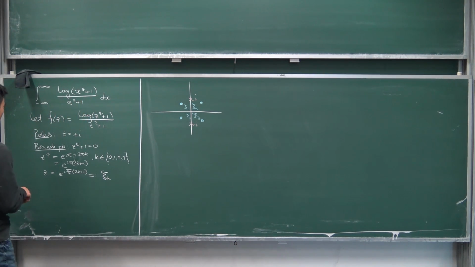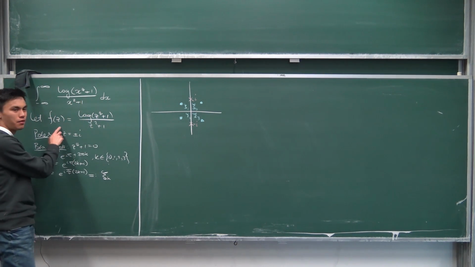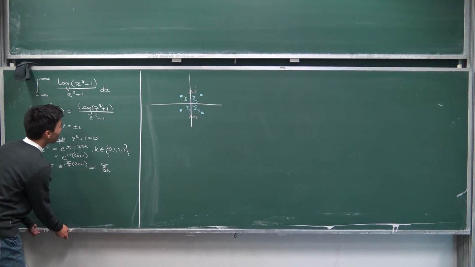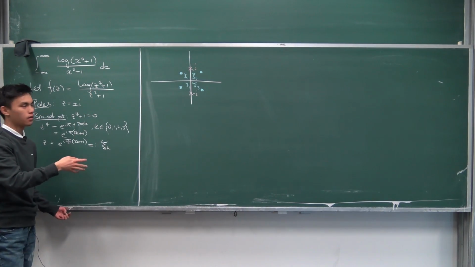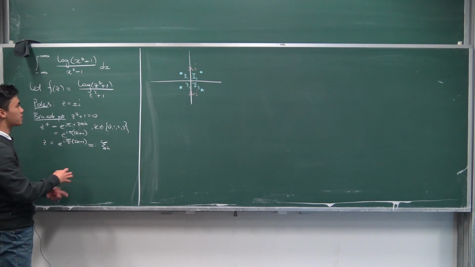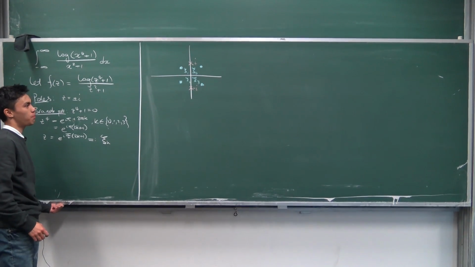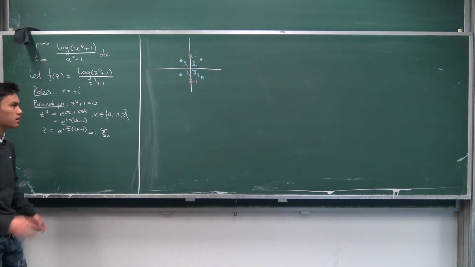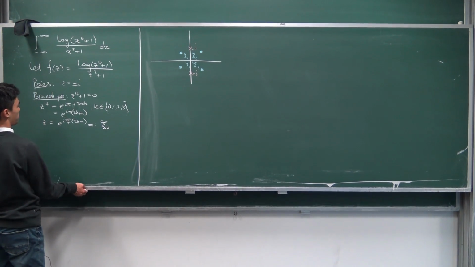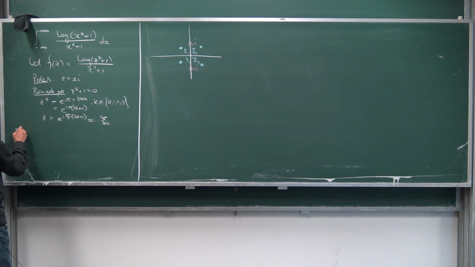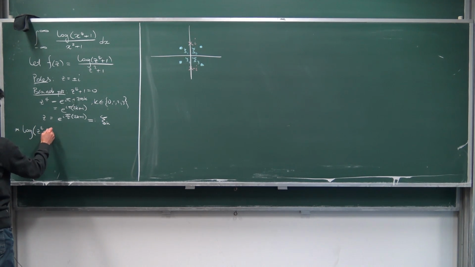So how do we get branch cuts now? Well, first of all, I want to rewrite the function f of z a little bit here. In particular, the log function, because this is log of a fourth order polynomial, we can split this up into the log of linear polynomials, and it just makes it a bit easier for us to define what the branch cuts would be, or the arguments. So let's do that here. First of all, we have log of z to the 4 plus 1.